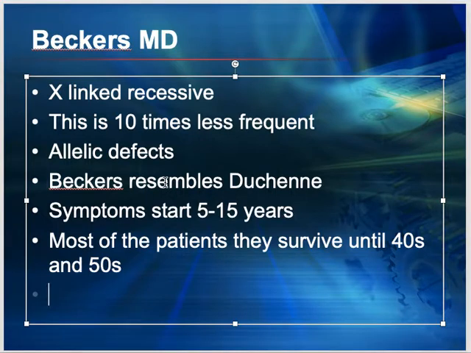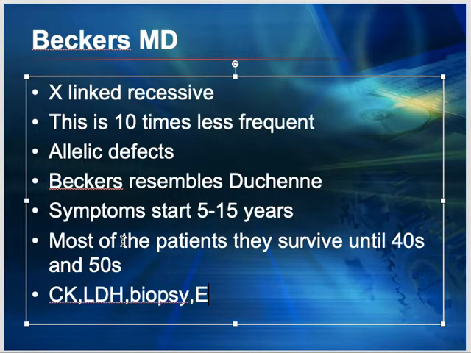Rest everything is the same in these people. Again, the heart will be affected, and the lab findings will be the same as well. CK, LDH, same thing. Biopsy, whatever you are doing, you will be doing this one. EKG or ECG findings, all these things will be present, and genetic diagnosis will be there.